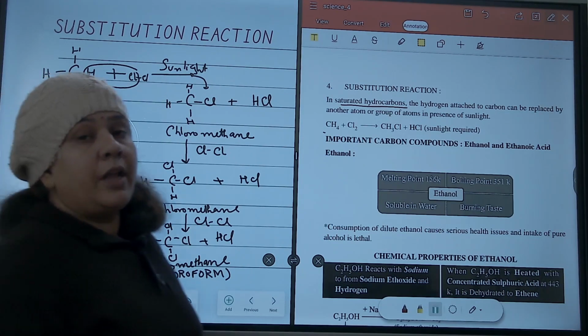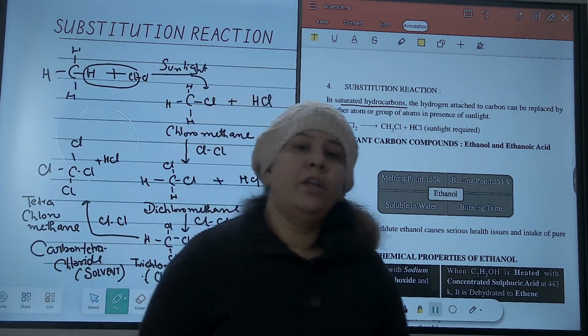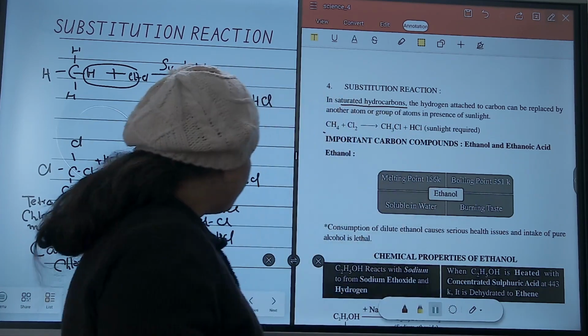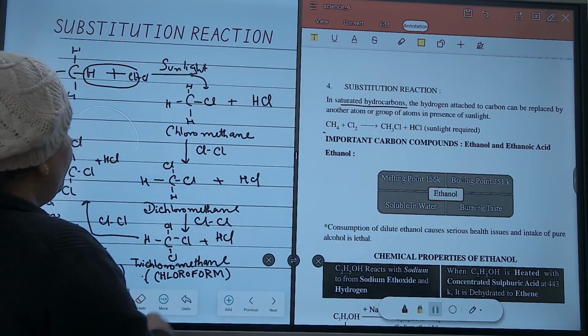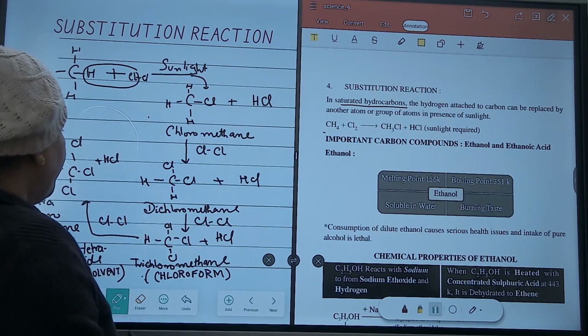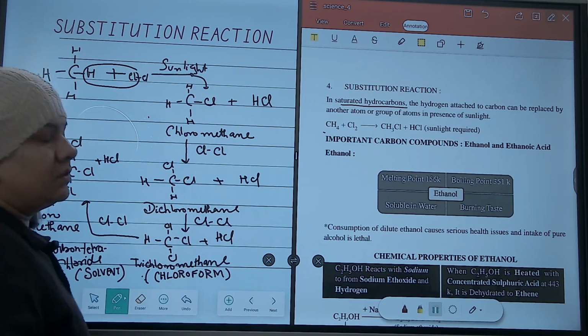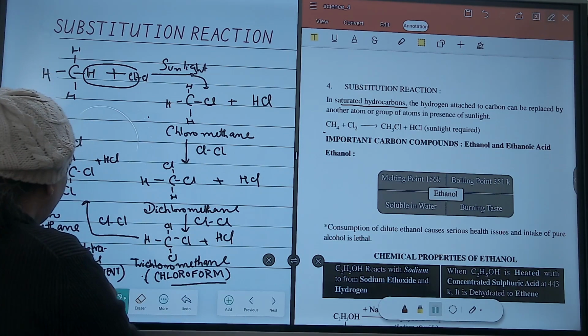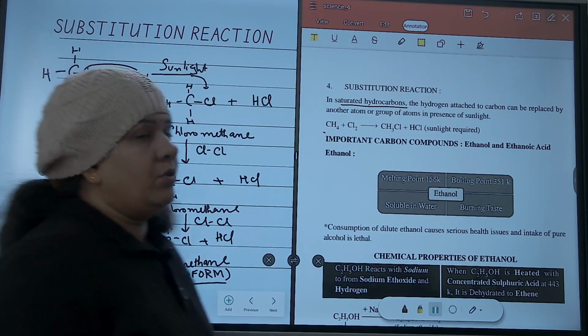It means that most organic compounds will dissolve in liquid carbon tetrachloride. So we see that in a substitution reaction we get different products, and these products are of immense importance, used for different purposes. Hope you understood the topic well.